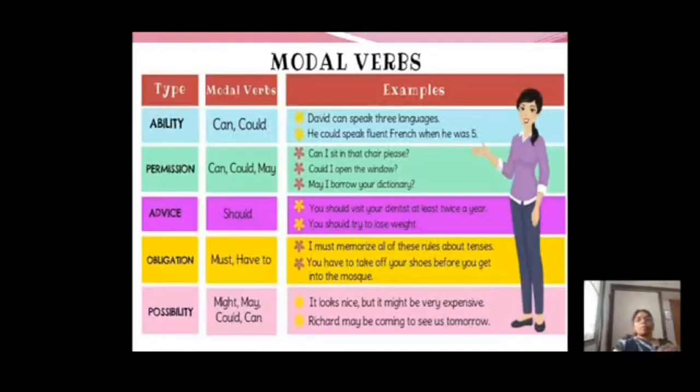Possibility: might, may, can, could, all these come under possibilities. It looks nice, but it might be very expensive. Richard may be coming to see us tomorrow. So there are possibilities to happen. It may rain today. So possibility, just guesses.